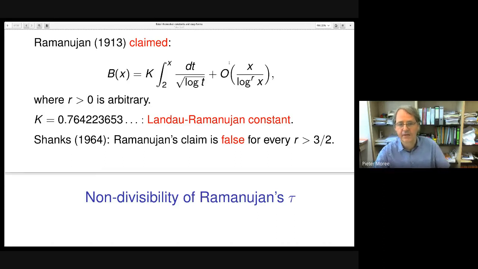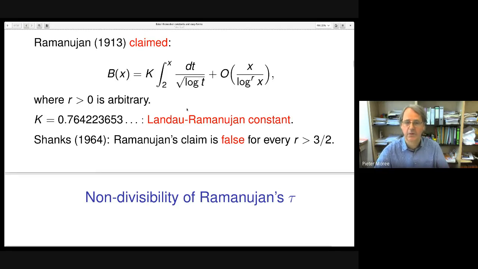So the thing is that what you can do here by partial integration, if you partially integrate this, the first term will be x over square root of log x, so precisely the term given by Landau. But the next term will be something like x over log x to the 1.5.